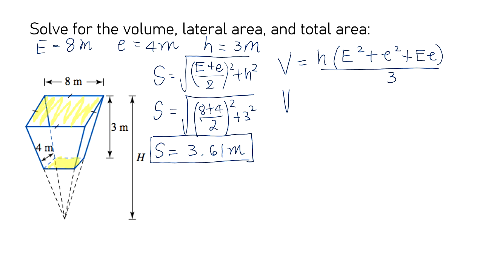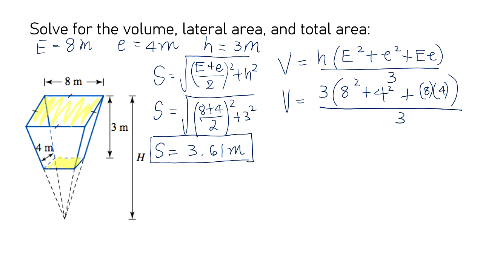Substituting our given information, we get 3 times 8 squared plus 4 squared plus 8 times 4, all over 3. So if you want, you may further simplify this, or you can go directly to the answer. Volume is now equal to 112 meters cubed.